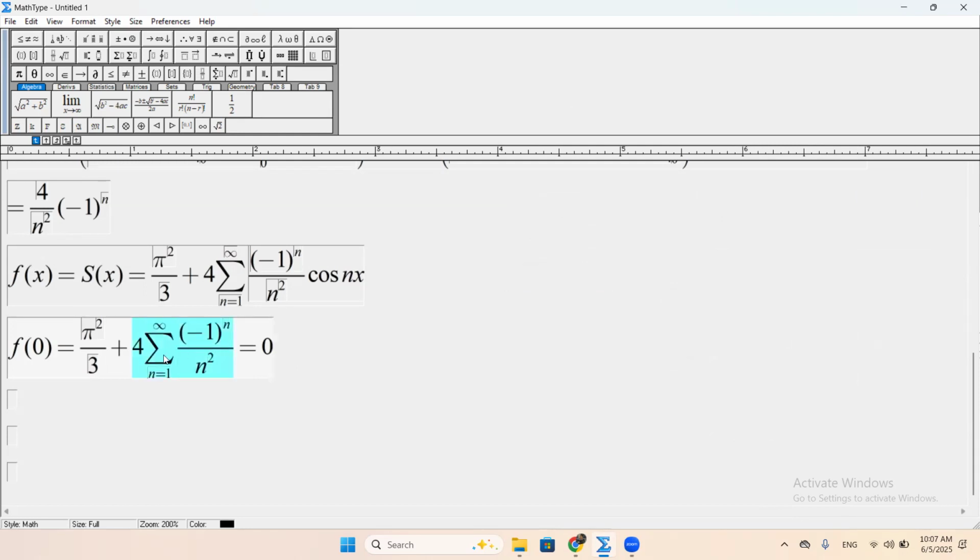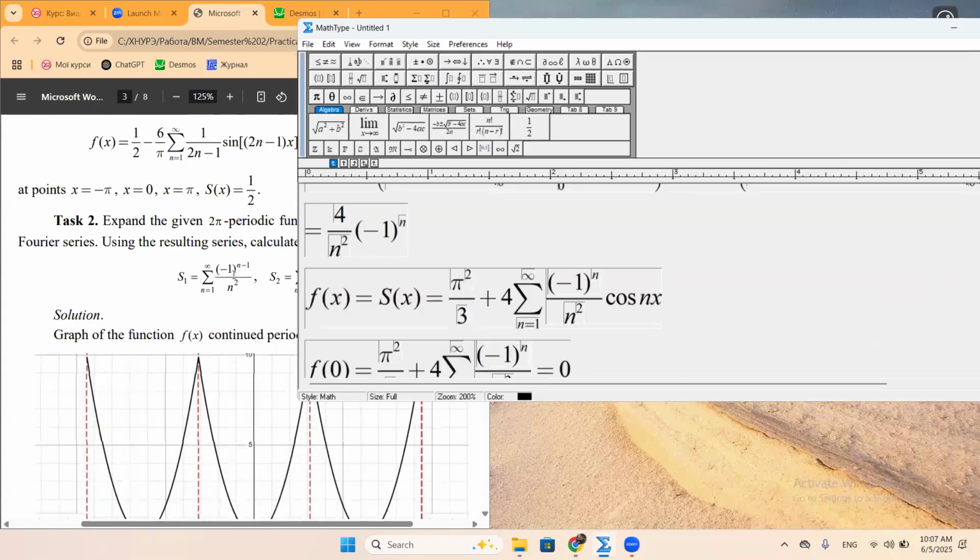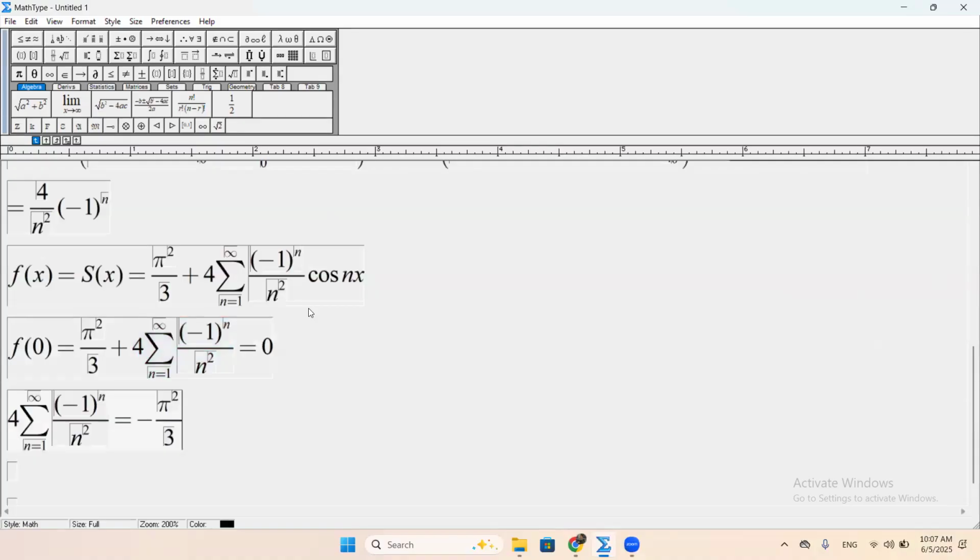So this series multiplied by 4 equals minus p squared over 3. Okay, let's write like this for now. So we received the following expression.